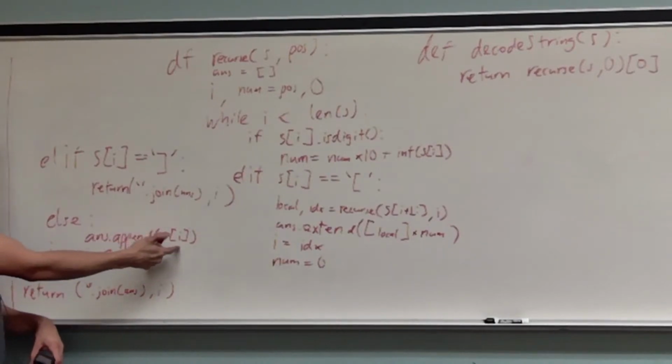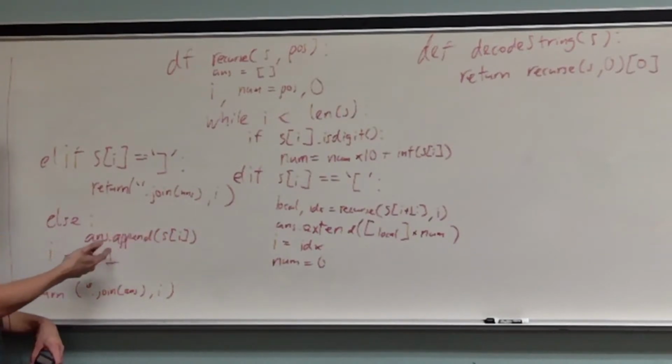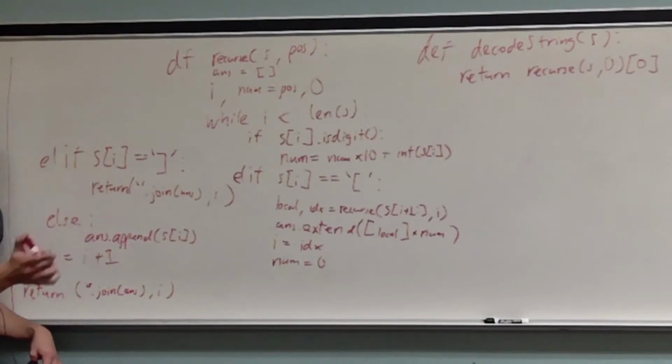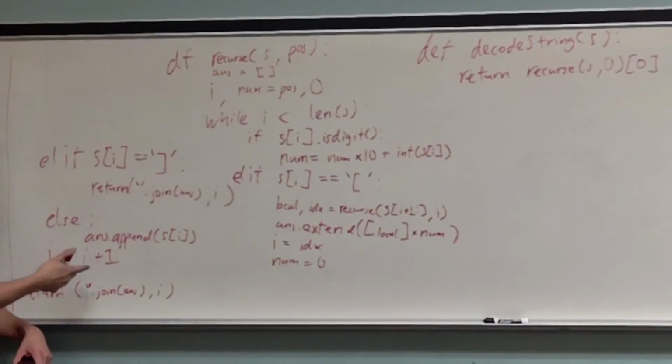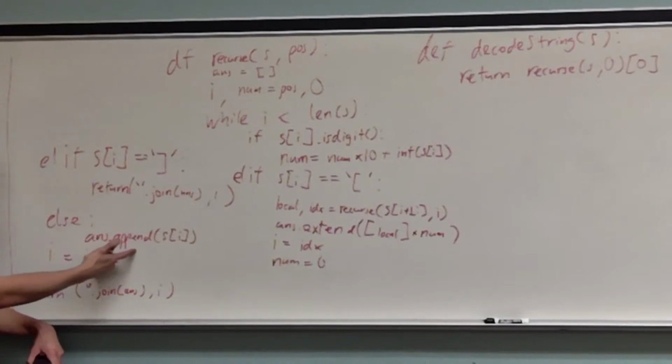We add this character, we append it to the stack, right? We push it. I don't know how many of you have gone to stacks yet, but in stacks you can push to the top and pop from the top. But here we're not popping anything. We're just pushing, so we're just taking advantage of this append.